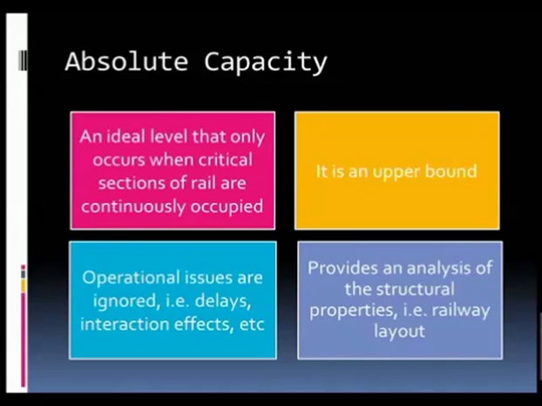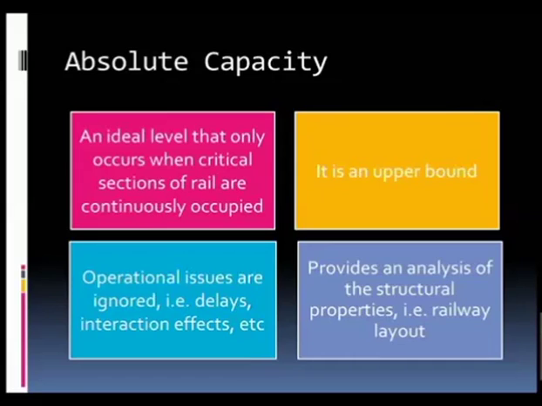Now the reason I've done that is because for every one of those different factors and variations, you get a different capacity of the system. So what you'd like is a more stable measure, which is a reference point for other types of techniques. So in my belief, you need two types of capacity.